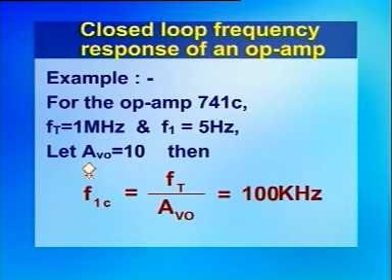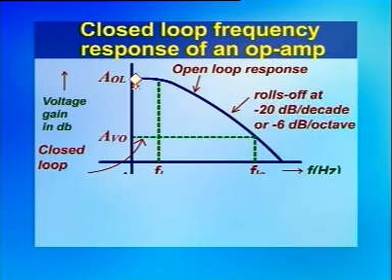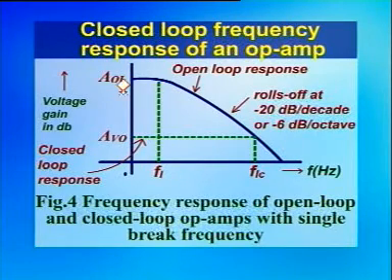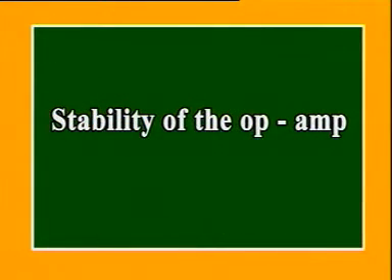Now let AV naught equal to 10. Then F1c equal to Ft by AV naught becomes 100 kHz. That is F1c is very much greater than F1 as shown in figure.